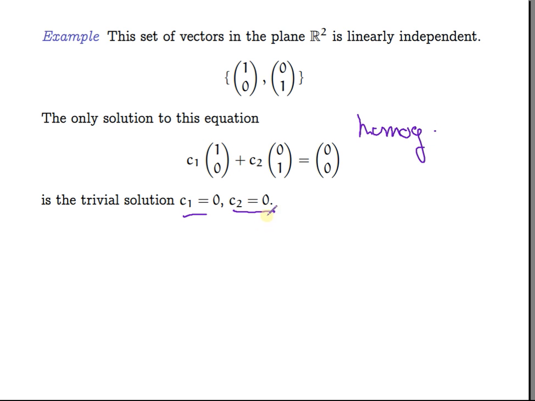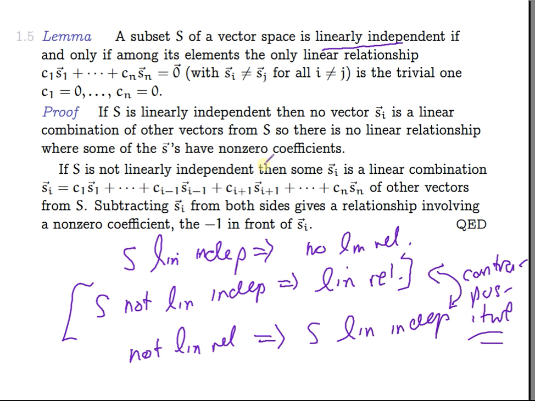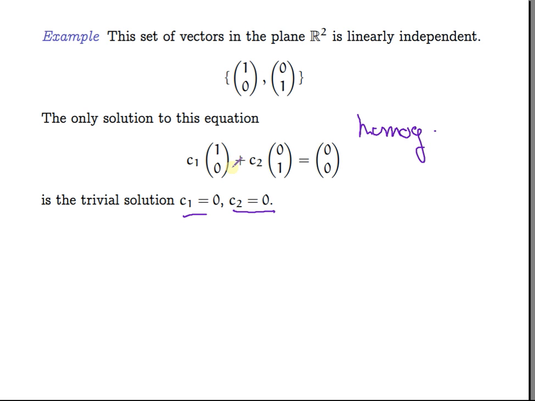Right. So that's exactly what it was saying in the previous statement. They're linearly independent if and only if the only linear relationship is the trivial one. Here we've shown that the only linear relationship is the trivial one. Therefore, these are linearly independent. Now, think of this in terms of intuition. What you're really saying is 1, 0 points in this direction, 0, 1 points in this direction.